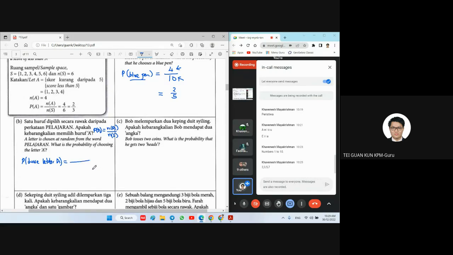So how many letter A in the words pelajaran? 3. So 1, 2, 3. Numbers of sample space is the numbers of possible outcomes. Berapa jumlah huruf di sini? Dalam perkataan pelajaran. Berapa jumlah huruf?